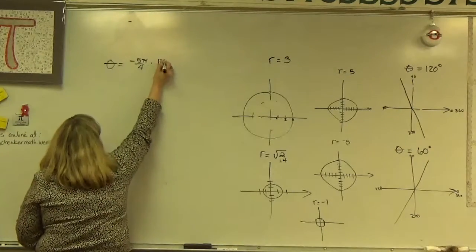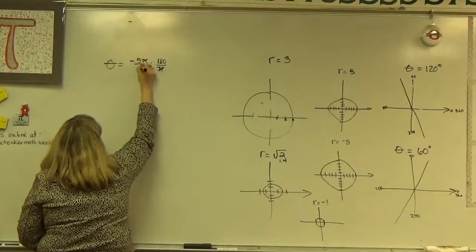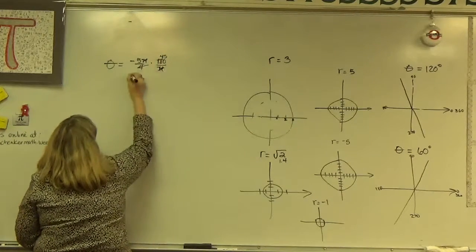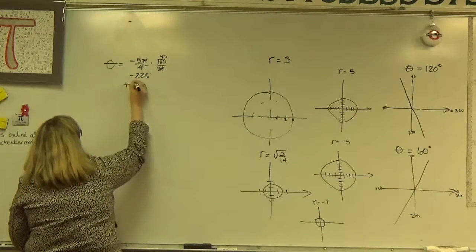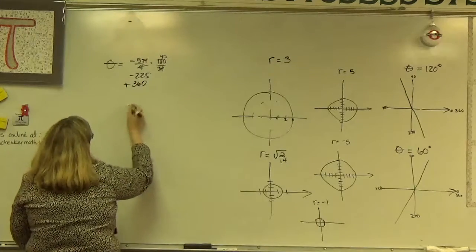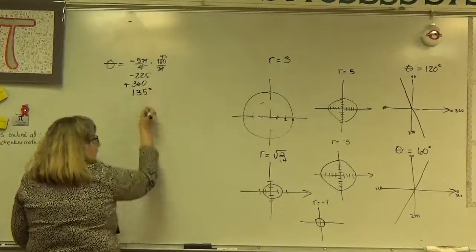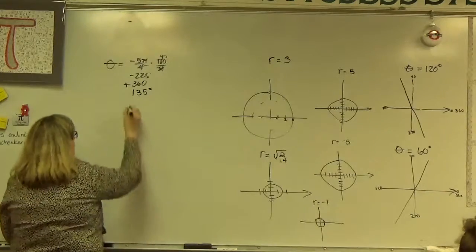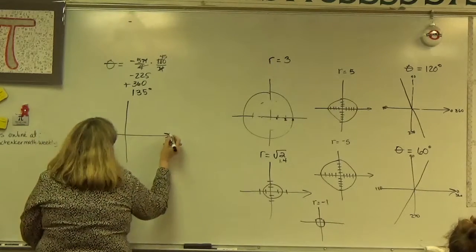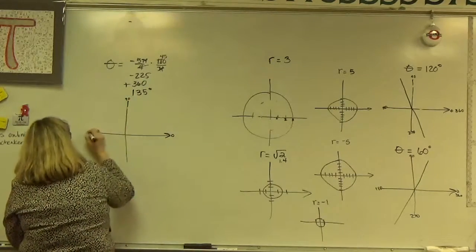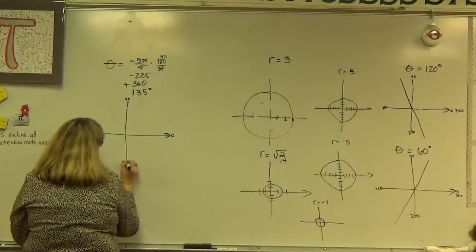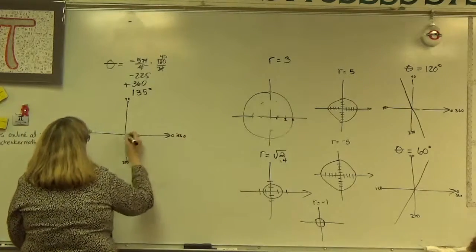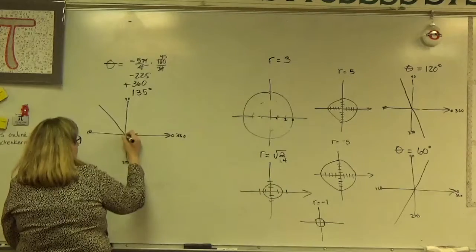So times 180 over pi, negative 225. Add 360 so it's positive. So I get 135? So where's 135 located? Somewhere in here?